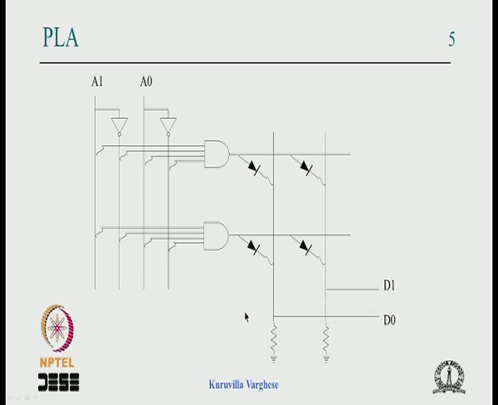In multi-output minimization you have to find the common sub-expression in the equations and try to implement that. The largest common sub-expression should be implemented and shared between the two. But you see this is a little bit of an overkill, because there is a lot of programmability now: you have programmable AND and programmable OR.